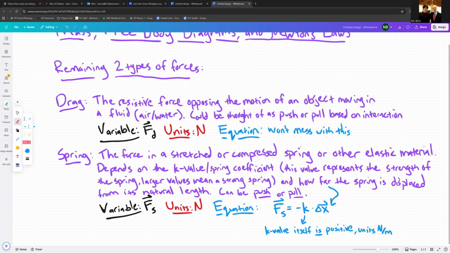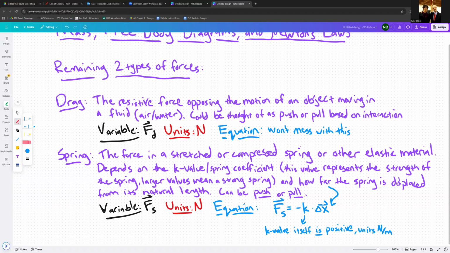Now, one last thing that's important to mention with this: k itself is always positive, so negative times k, or negative k, will always be negative. So this first part will end up being negative, not because k is negative, but because we're multiplying k times -1, essentially.